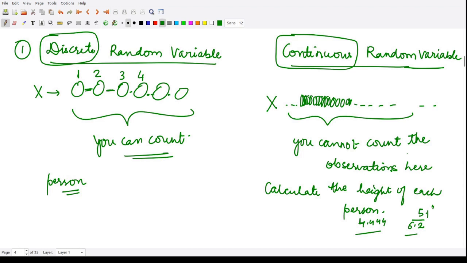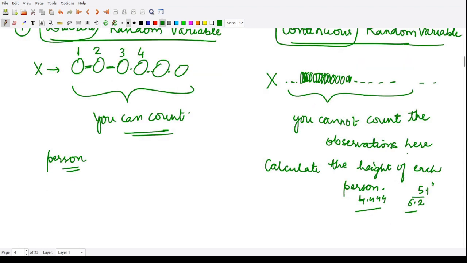Based on these two kinds of random variables, discrete and continuous, we can have different kinds of probability distributions also. So let me define that.